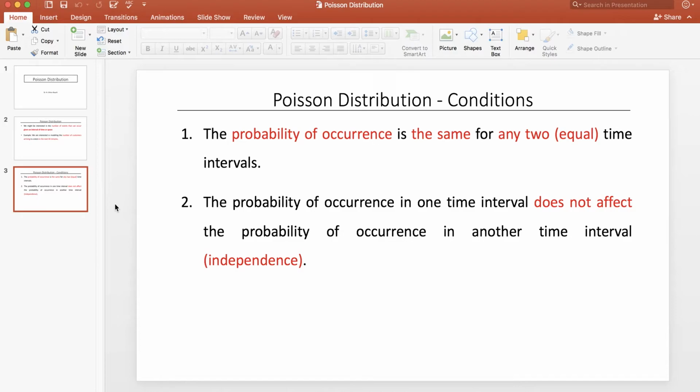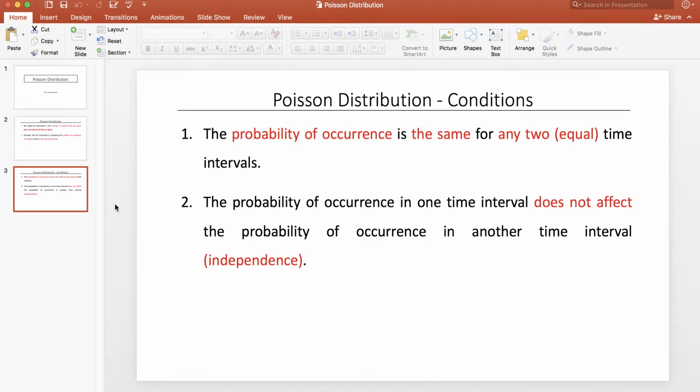And the second condition is that the probability of occurrence in one time interval does not affect the probability of occurrence in another time interval. So this is the statistical independence, that the probability of occurrence in one time interval has nothing to do with the probability of occurrence in another.